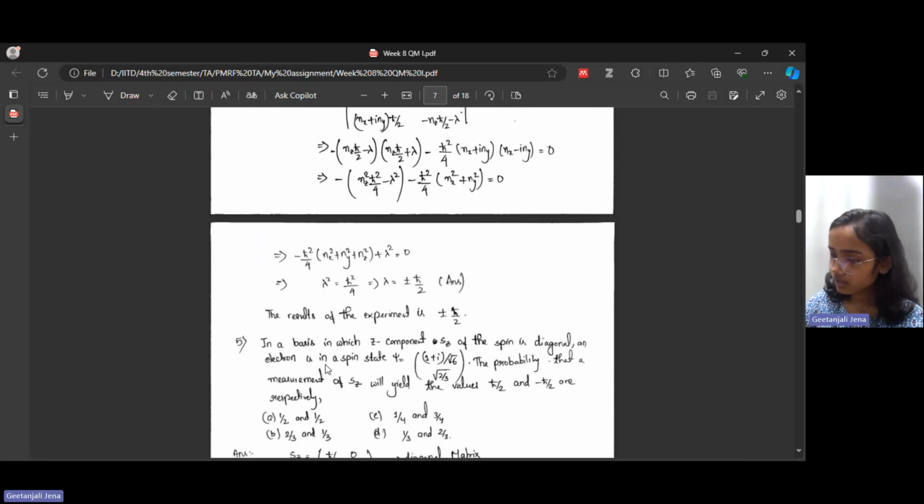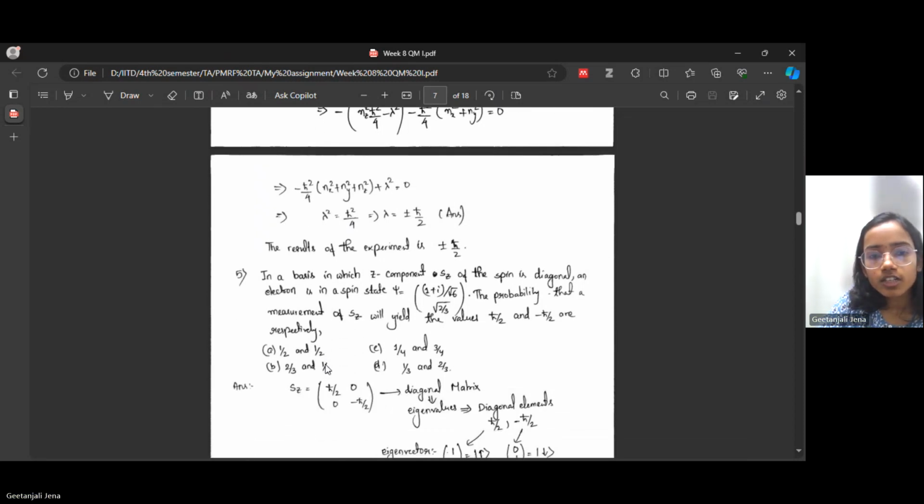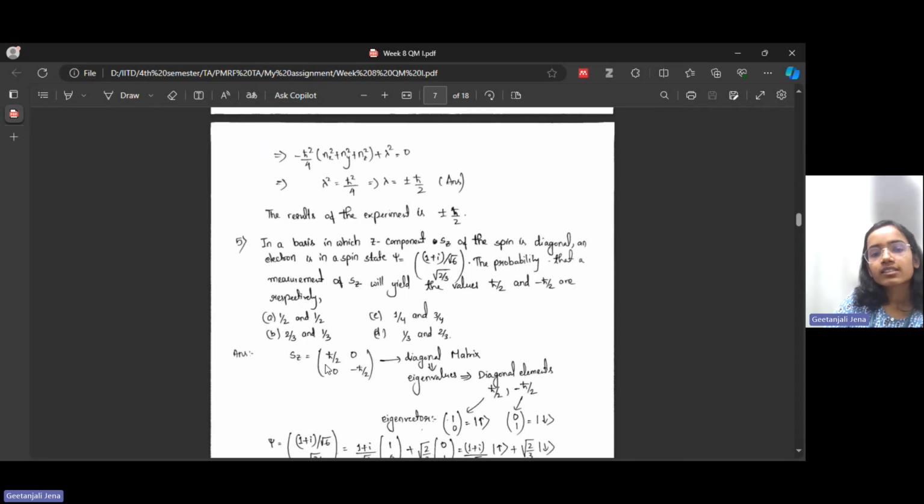For that, what you need to do is express the spin state psi in terms of the eigenvectors of Sz. You know the matrix of Sz is given by h cut by 2 times 1, 0, 0, minus 1.